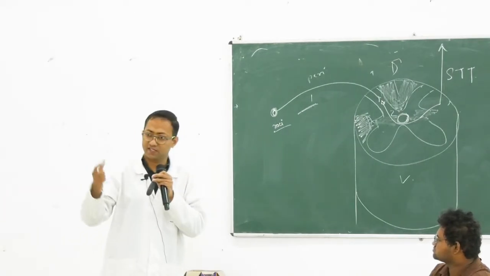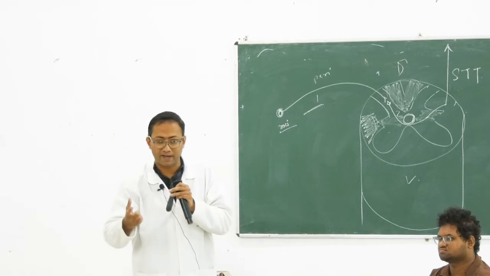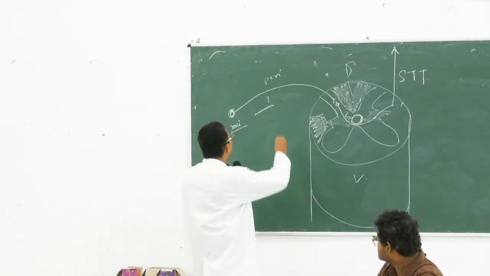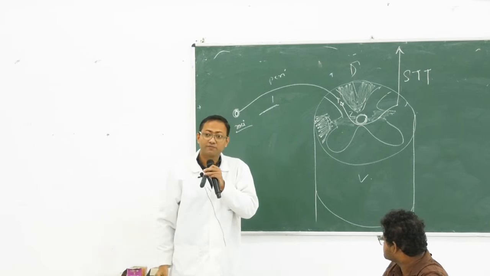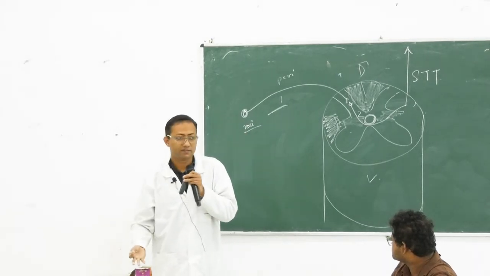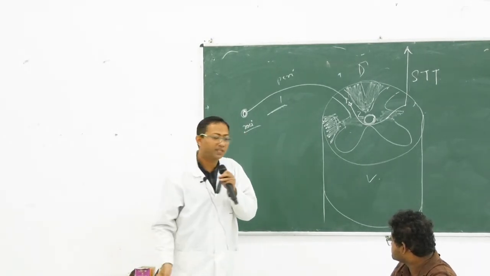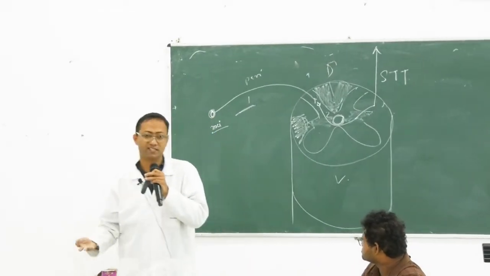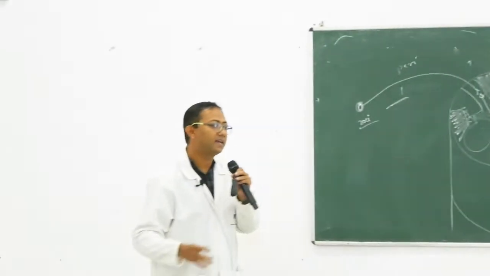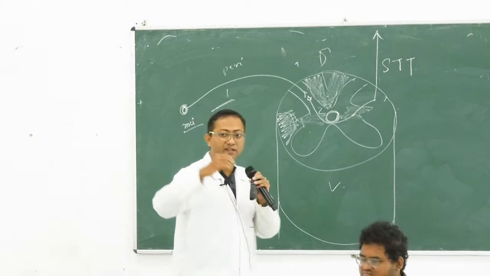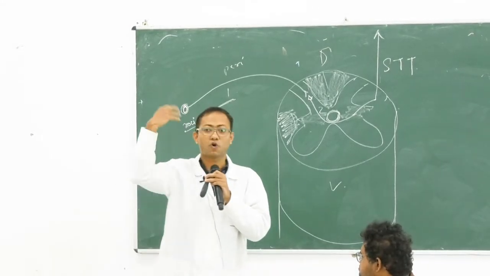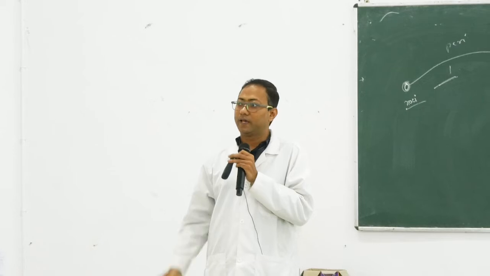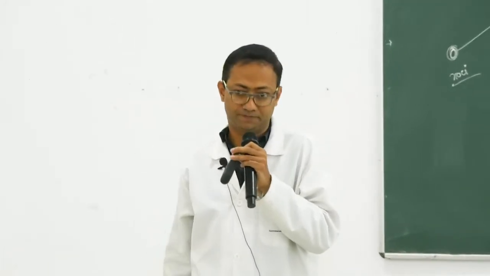While doing the sensory examination, keep all of this in mind. There might be neuropathy at the level of the peripheral nerve, which we call peripheral neuropathy. There might be something inside the spinal cord, which we call myelopathy. And there might be something at the level of the cerebral cortex, a cortical lesion, right? So everywhere there might be a defect.